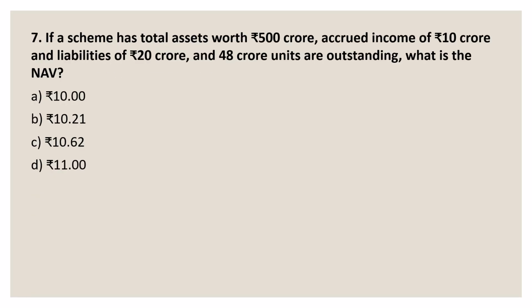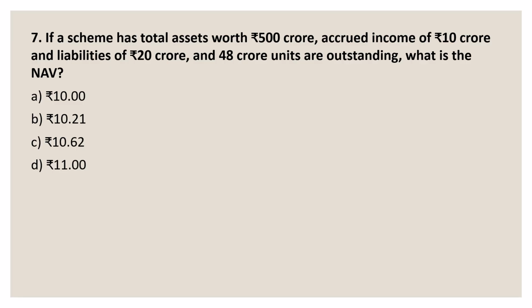Next question. If a scheme has total assets worth 500 crore, accrued income of 10 crore and liabilities of 20 crore, and 48 crore units are outstanding, then what is the NAV? Option A 10 rupees, option B 10.21 rupees, option C 10.60 rupees and option D 11 rupees.